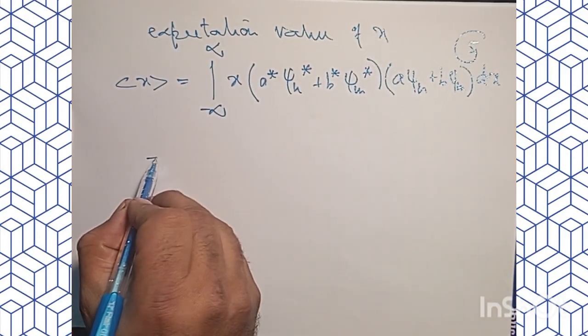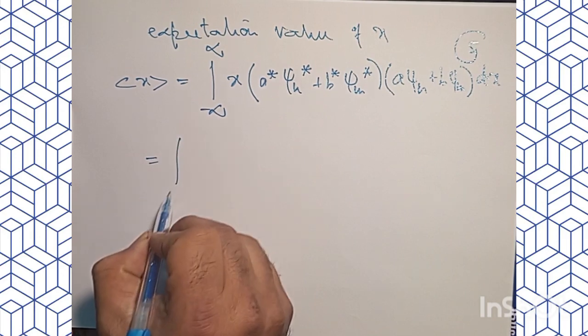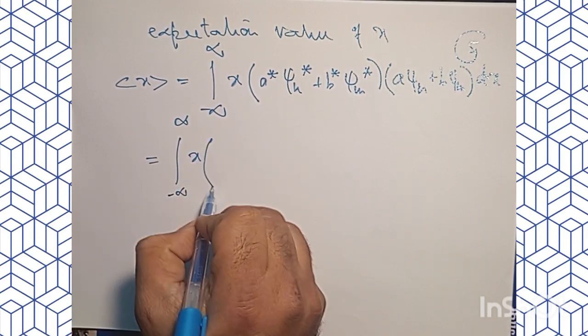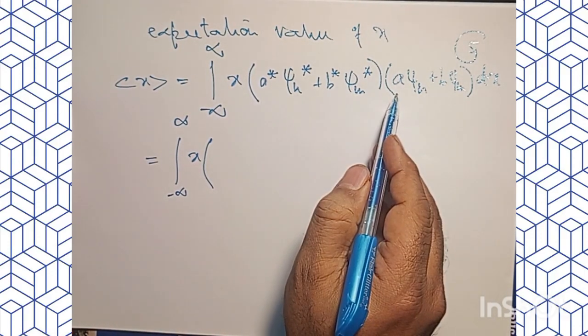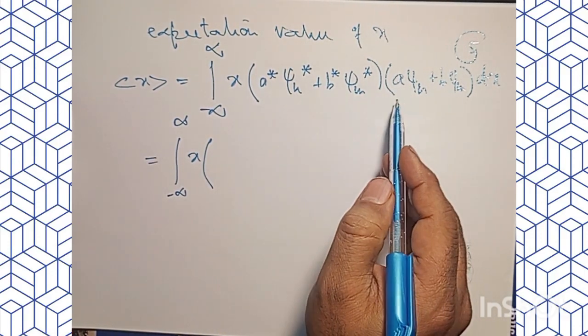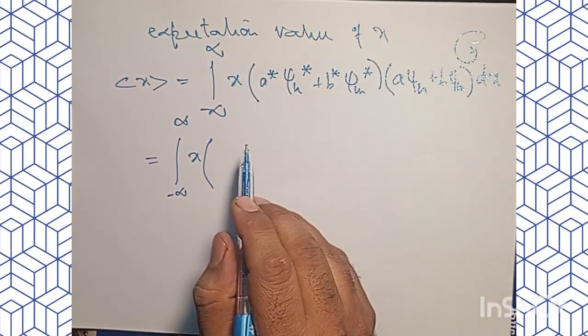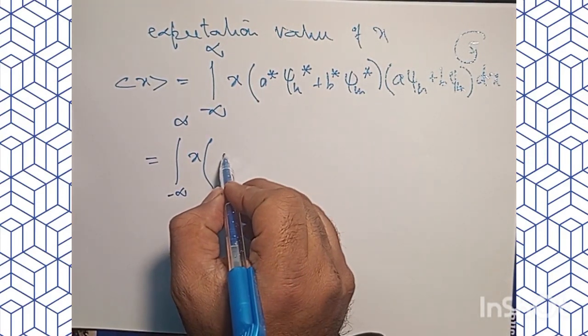Now we can go with regular multiplication. A star a will give us a square, because when we multiply a number with its complex conjugate, we get a number. So let me write it in a simple form.